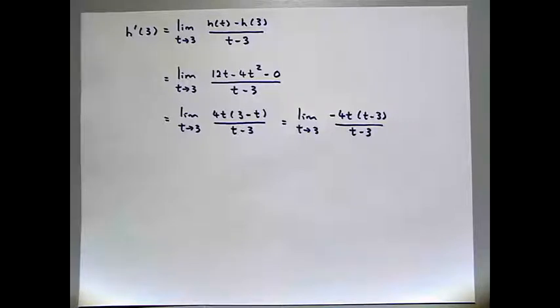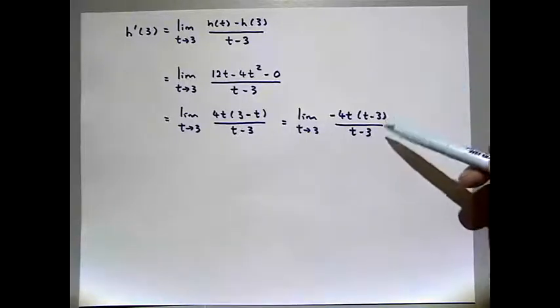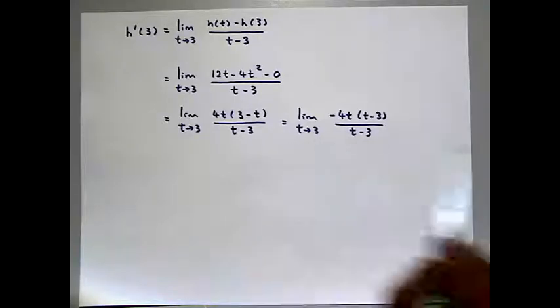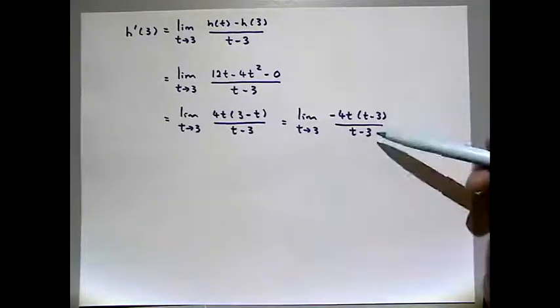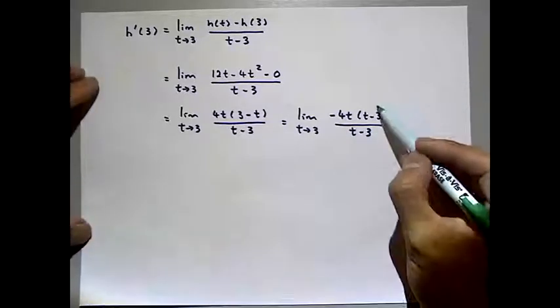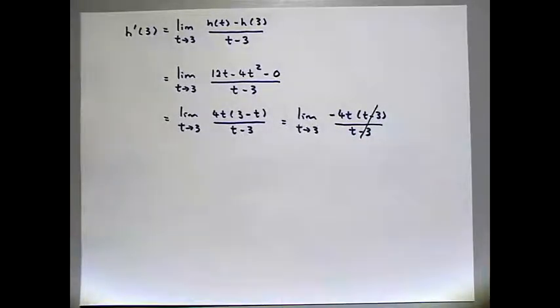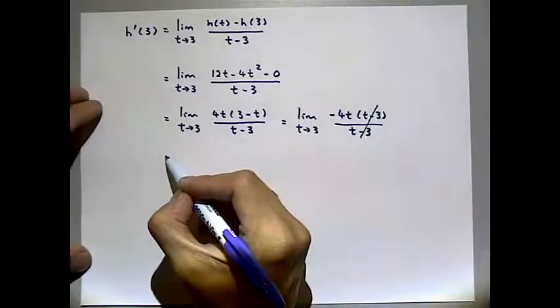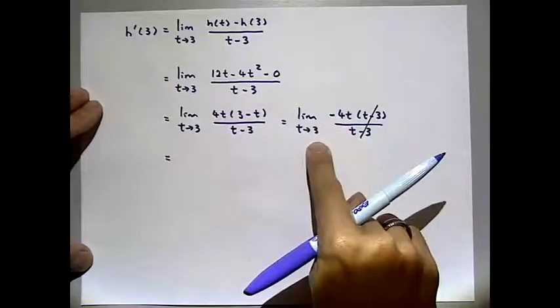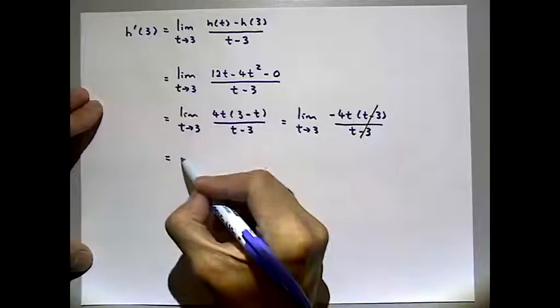And once again, now we see what's going on here. What is causing the 0 over 0? As long as t is not precisely equal to 3, these two can always be canceled, and we will. All right, so what do we get? We get negative 4 times 3, right? Minus 12.